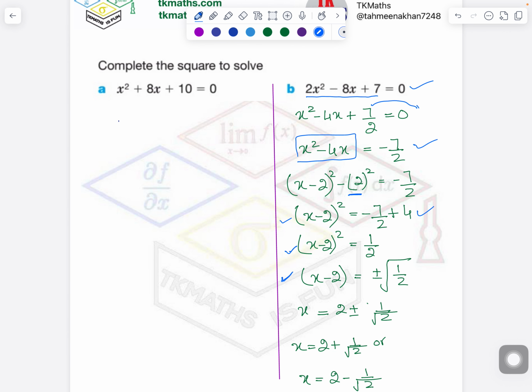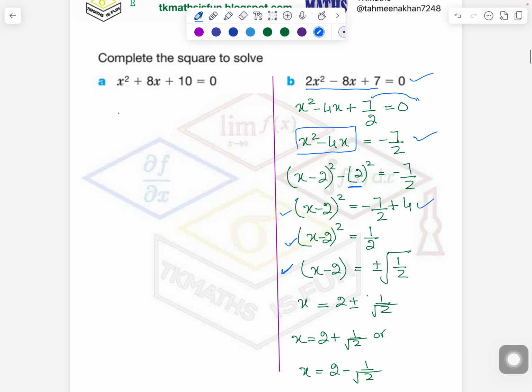So let me start part A and then you will be able to relate it. In this case, the coefficient of x square is 1, so no problem. It will become x plus 8 divided by 2 whole square minus 8 divided by 2 whole square. Then I am taking it to the other side. So now it will become x plus 4 whole square minus 4 square equals to minus 10.